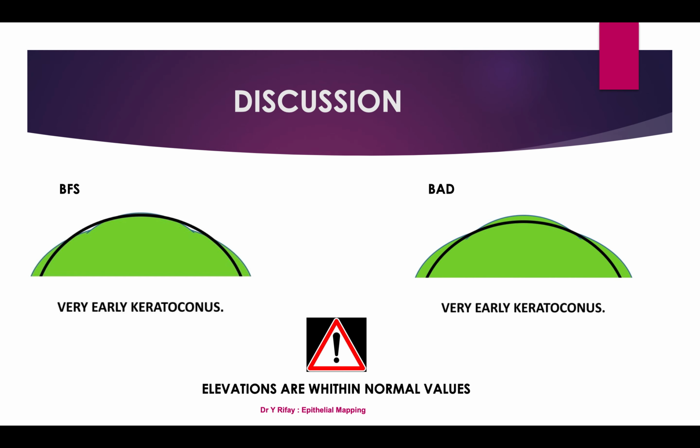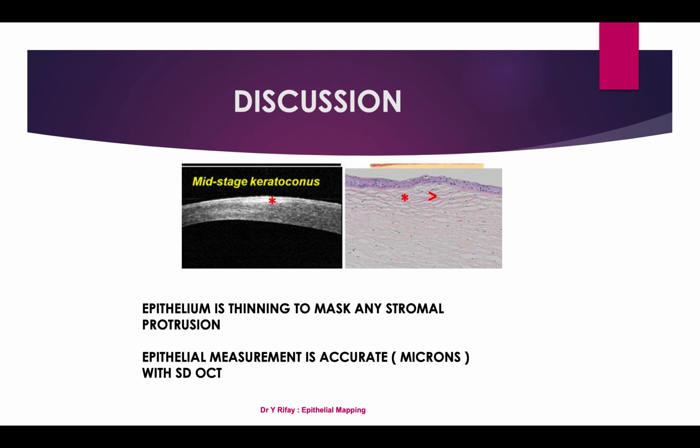But we know after Reinstein's works that there is a thinning of the epithelium to mask any stromal protrusion. So in every steepening of the anterior stroma, we have a masking effect of the epithelium, and the epithelium measurement is very accurate with the spectral domain OCT, and we can measure by microns.